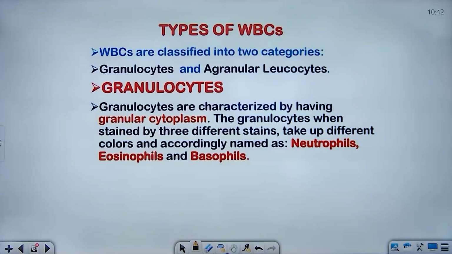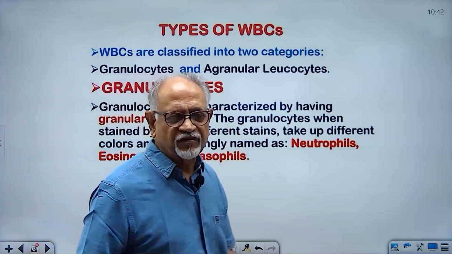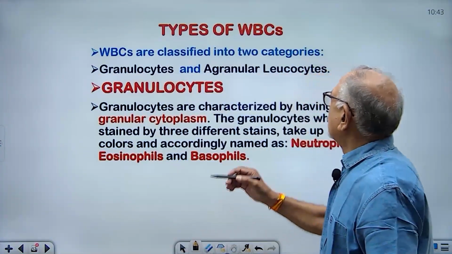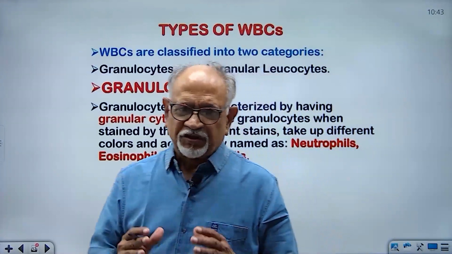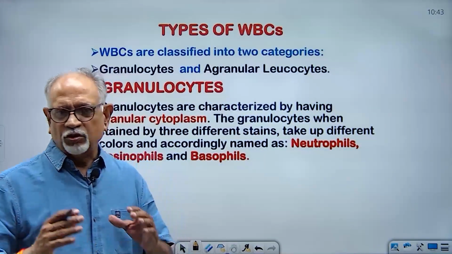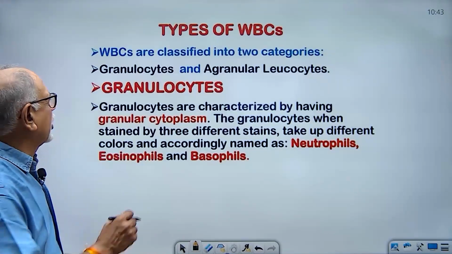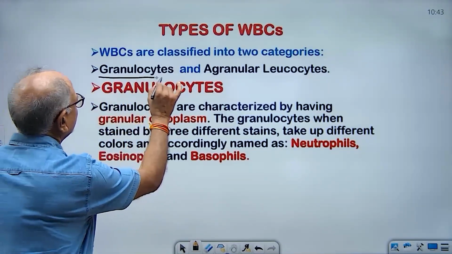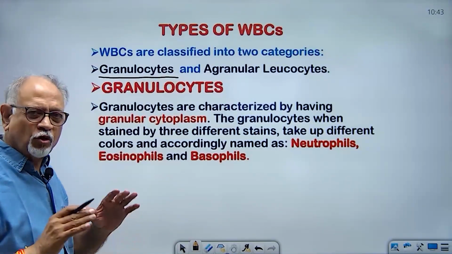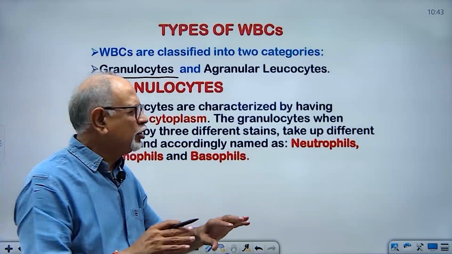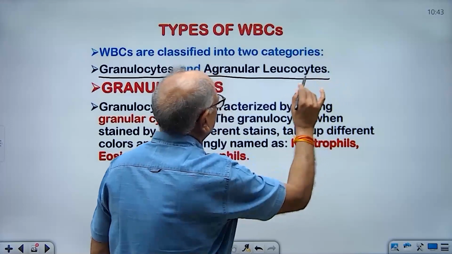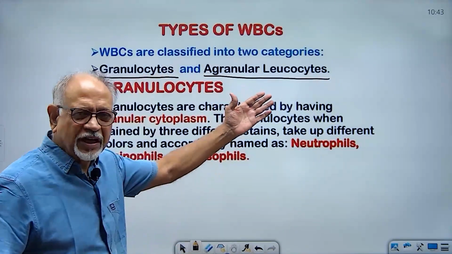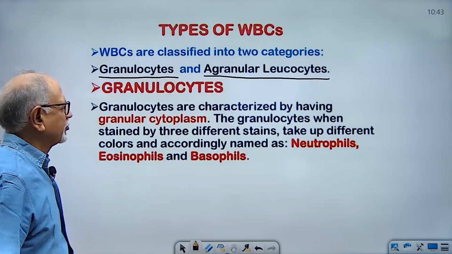Now, WBCs or leukocytes are classified into two categories based on their staining properties. Those with granular cytoplasm are called granulocytes, and those without granules, with homogeneous cytoplasm, are called agranular leukocytes.